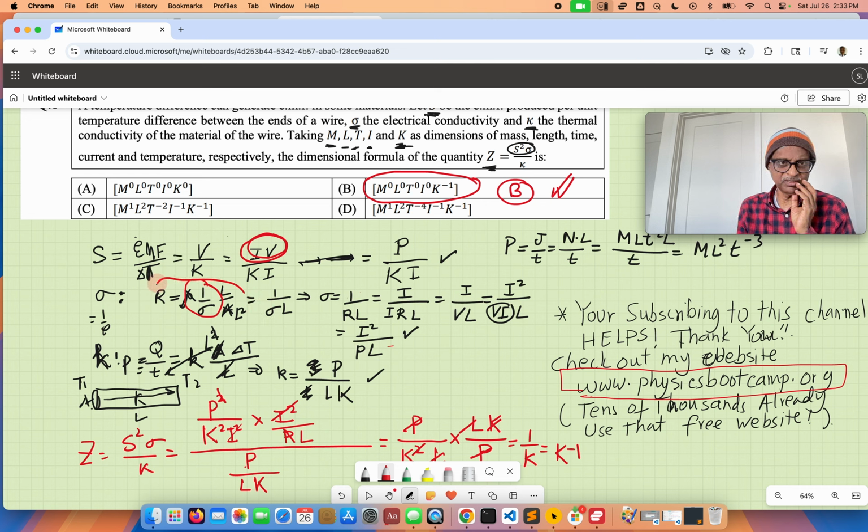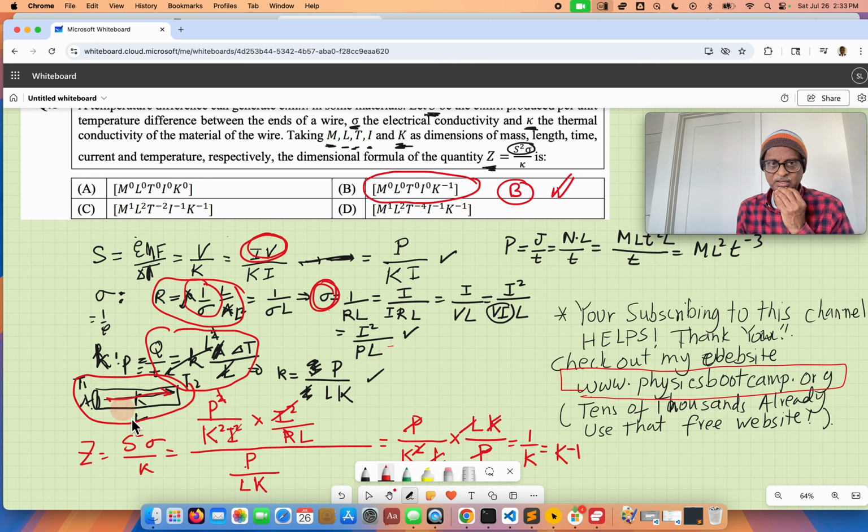And do you remember this resistance formula? So you can actually make sigma come out of there. And then it's trying to test if you remember this formula for the heat conducted through a bar.